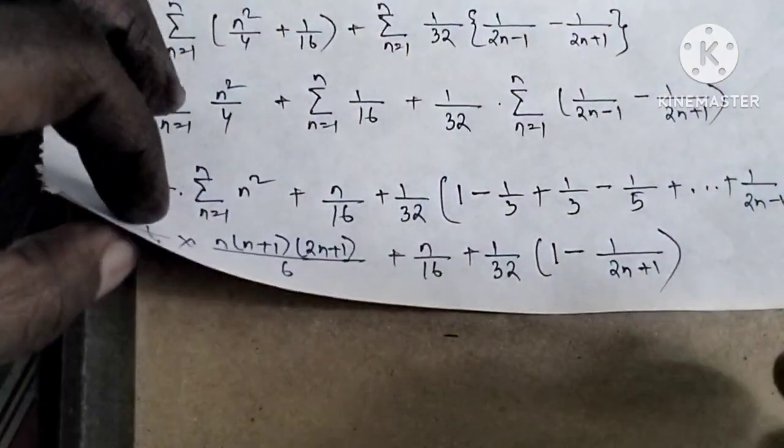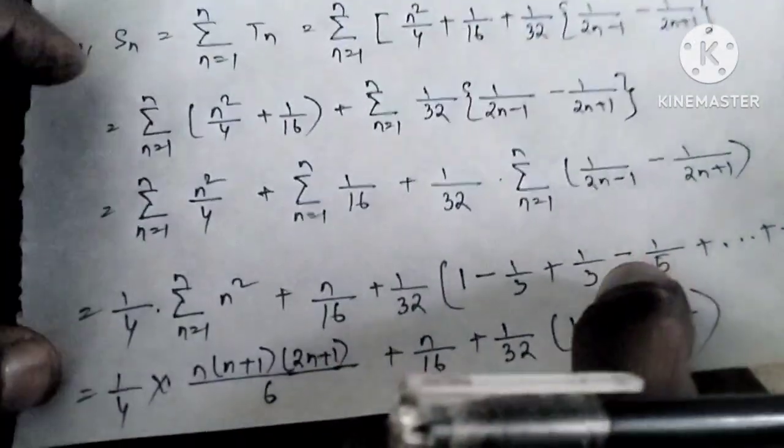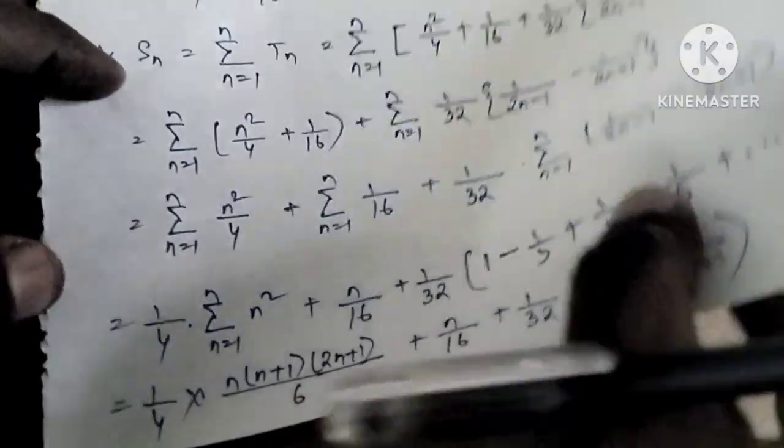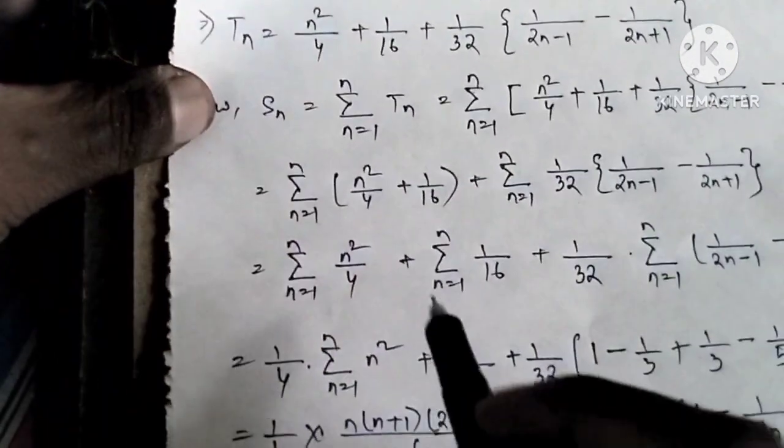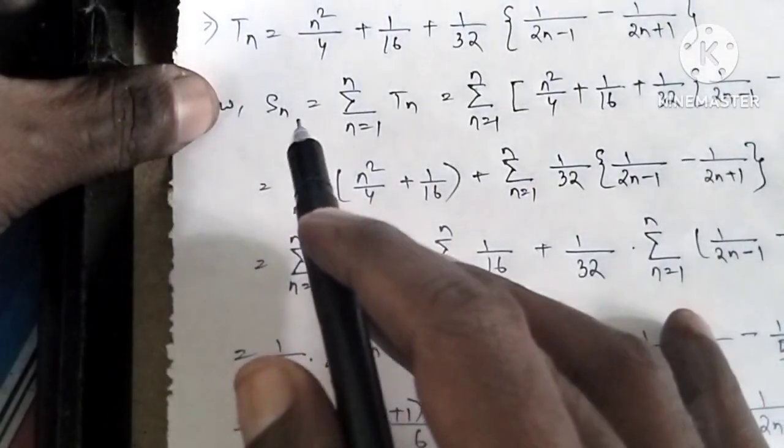So yes, we are doing operation on this Sn, these are all Sn, sum of n terms.